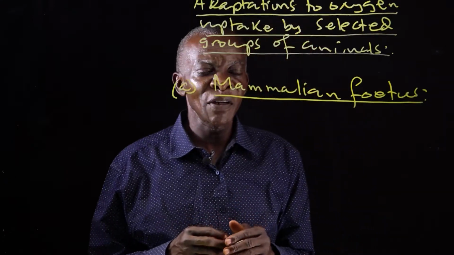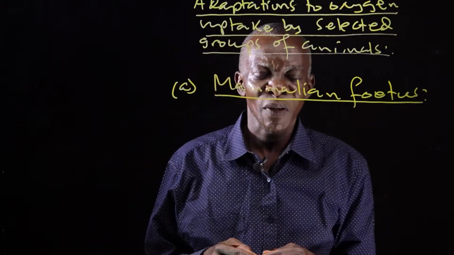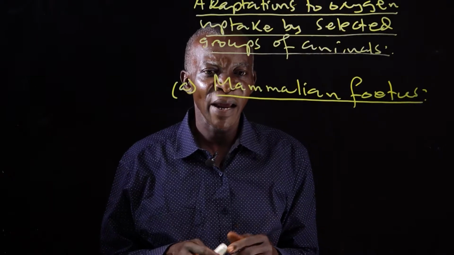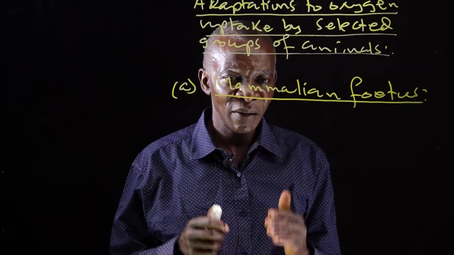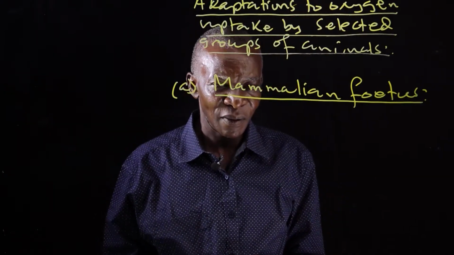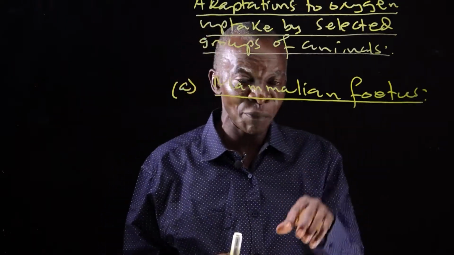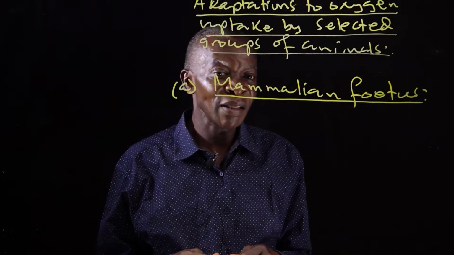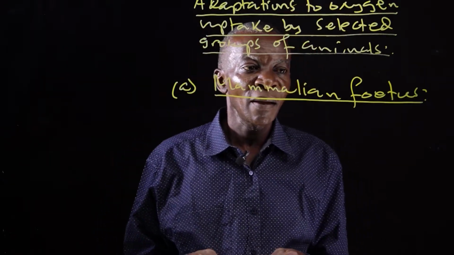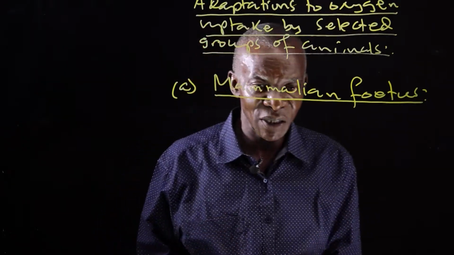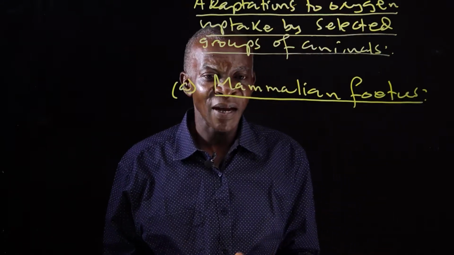When we are talking of the fetus, this is an unborn baby. The young that is still developing in its mother's womb. How does it get oxygen? Does it breathe?